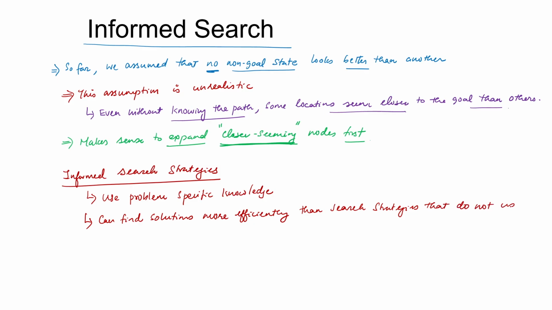So, in informed search strategies, you find some problem specific knowledge and you use it. Why? Because it will help you find solutions more efficiently than if you are not using any problem specific knowledge.